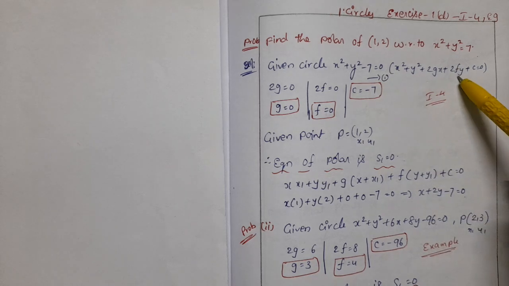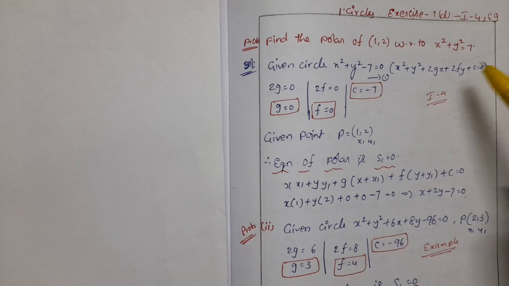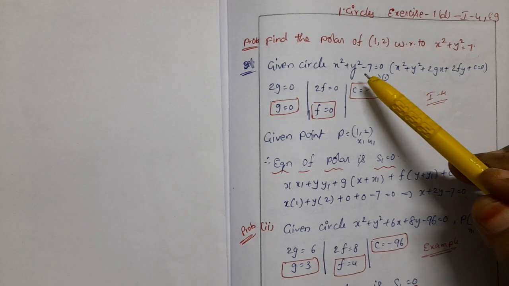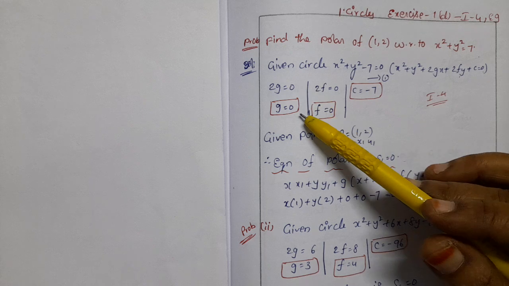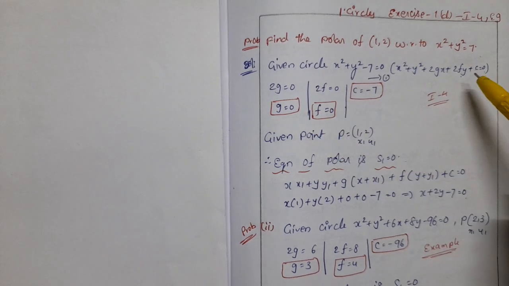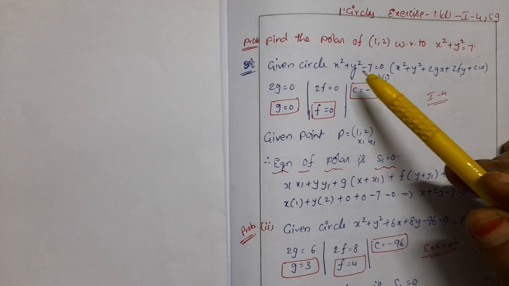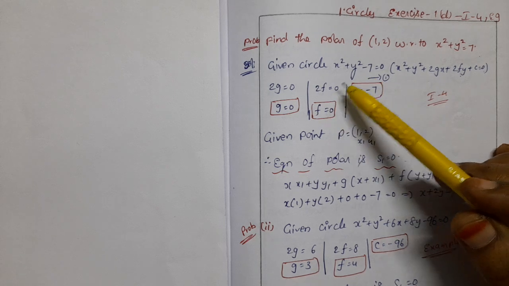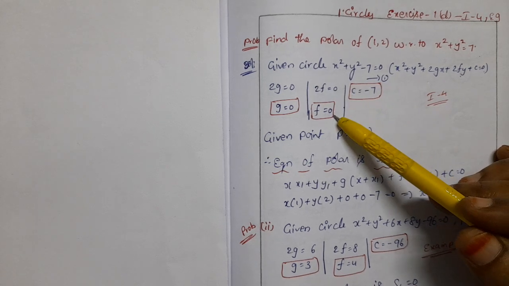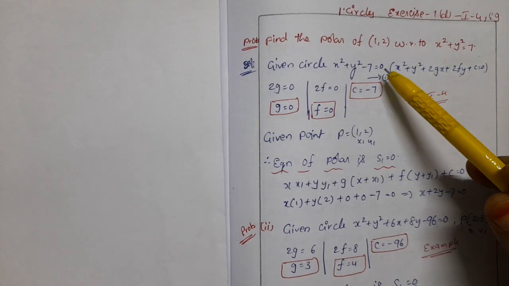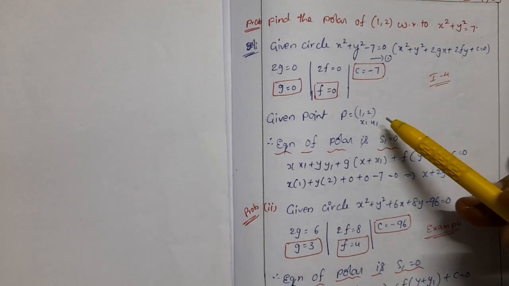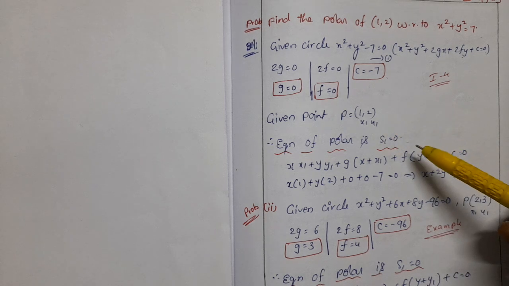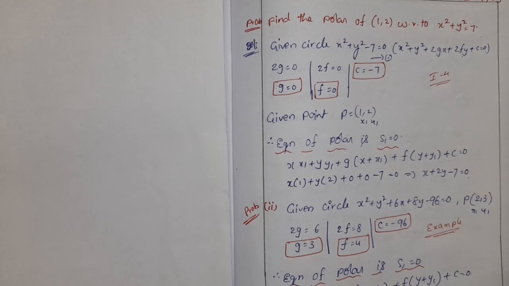So the given circle can be compared with x square plus y square plus 2gx plus 2fy plus c equal to 0. x coefficient 2g equal to, here no x term, so take 0. 2g equal to 0, then g equal to 0. y coefficient 2f, here no y term, so we can take the y coefficient as 0. 2f equal to 0, then f equal to 0. Constant c equal to minus 7. Given point P (1, 2). Therefore, equation of polar is S1 equal to 0.